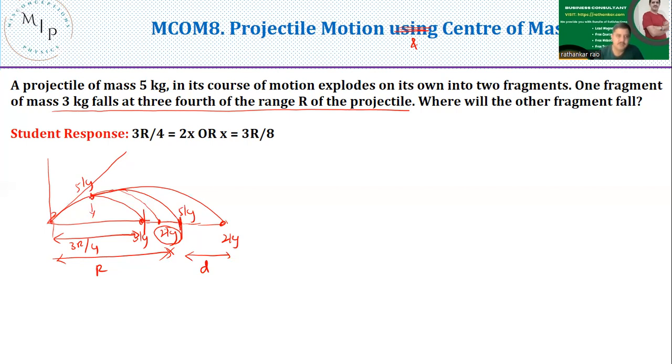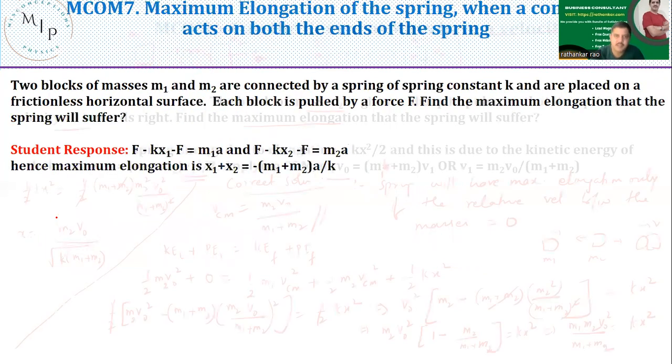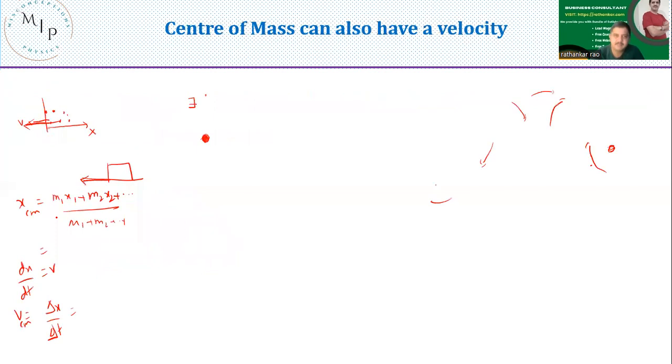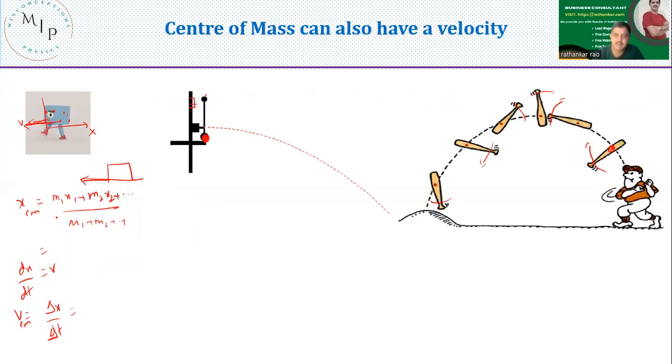Now, what happens to the center of mass when the particle is going here? The center of mass travels along the same path. This is in accordance with one of the slides that I had shown earlier. Let me show you that slide. See here, the configuration in which this person throws the bottle keeps on changing.